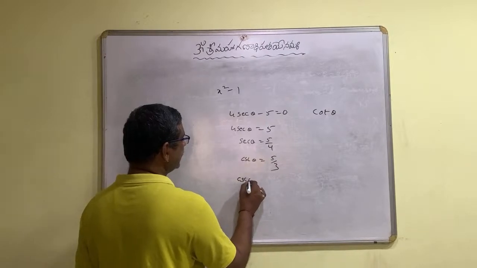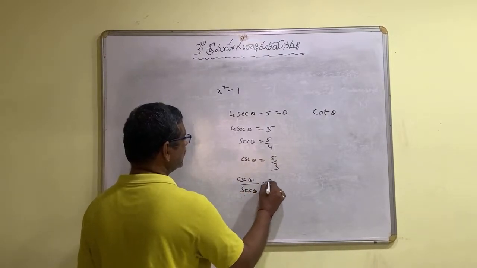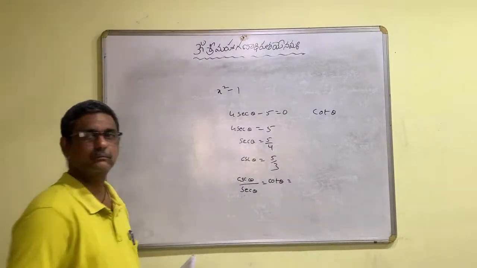We know cosecant theta by secant theta is cot theta. Is that right, children?